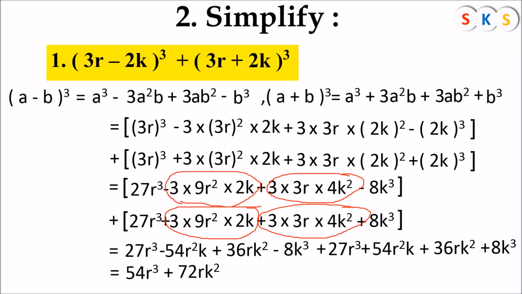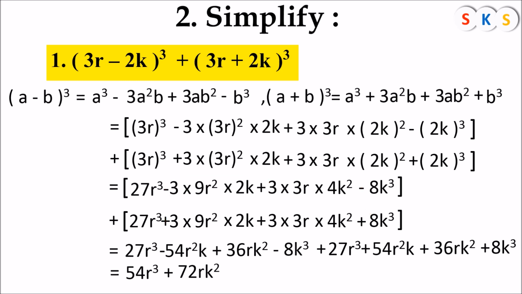Now we will simplify further. Look at over here, minus 54r square k and plus 54r square k will be 0, so we will cancel this. Similarly, minus 8k raised to 3 and plus 8k raised to 3 will cancel.